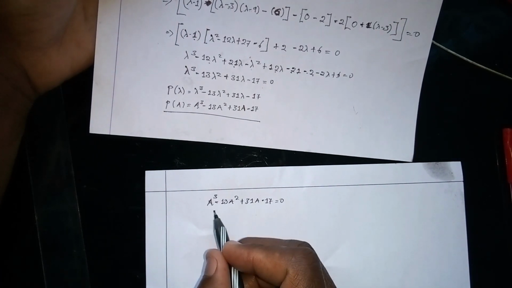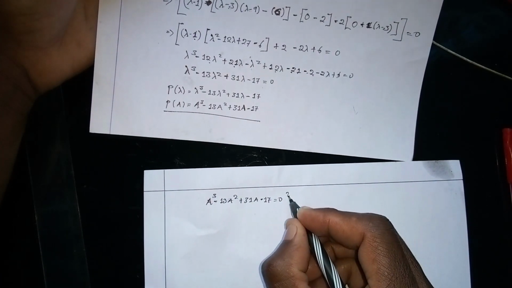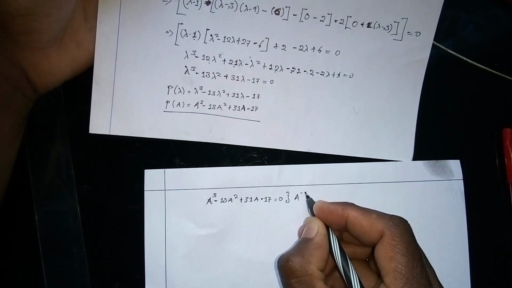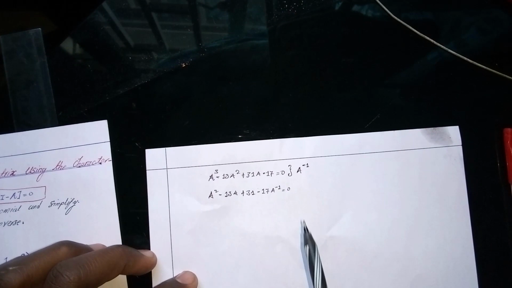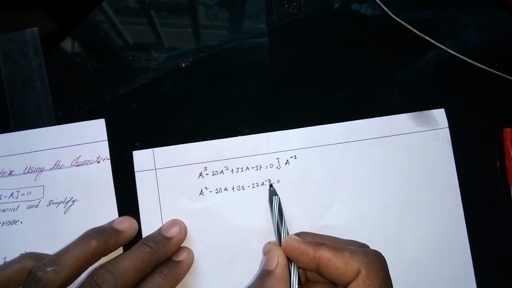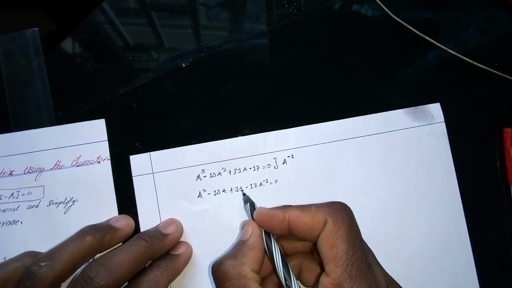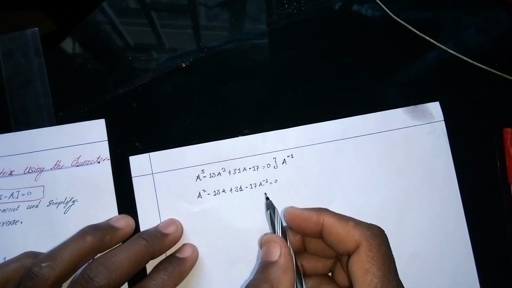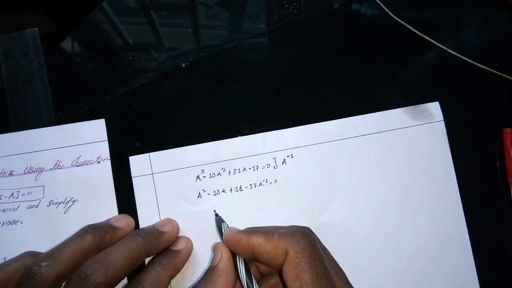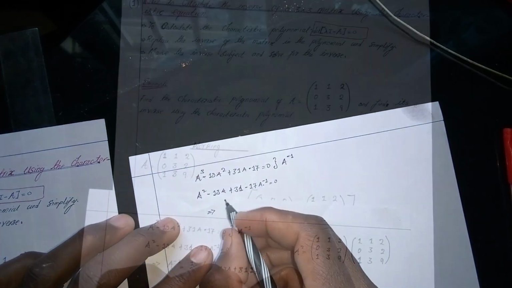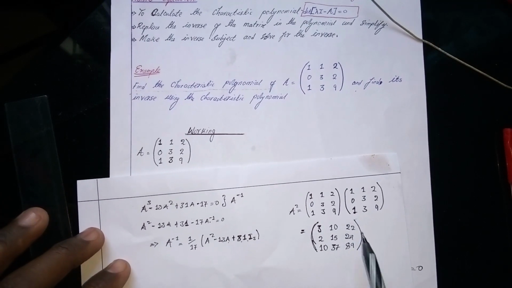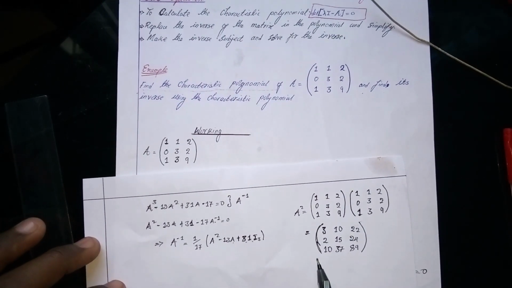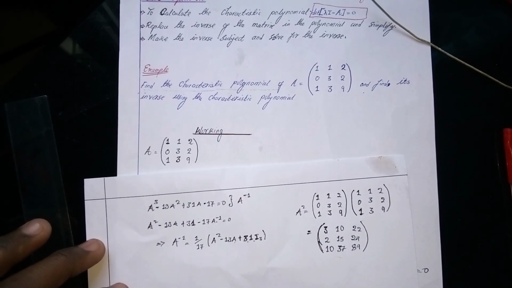So multiplying this matrix by A inverse, our A inverse here is this one. So we make A inverse the subject. Multiplying the two, we get this as our A squared.